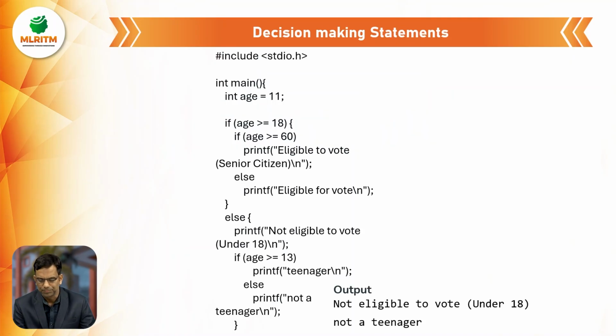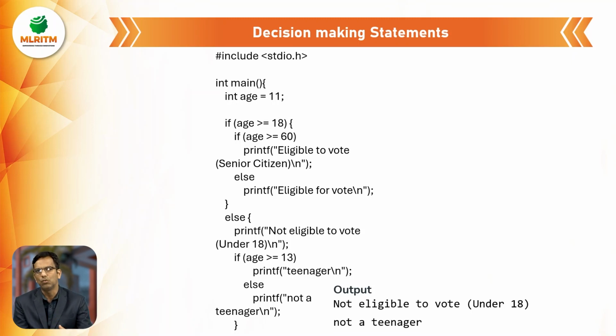Here is an example for the decision making statements of else if ladder and nested if. In the nested if, int main, int age equal to 11 we gave here. Then if age greater than or equal to 18, then if age greater than or equal to 60. See, three conditions are associated.